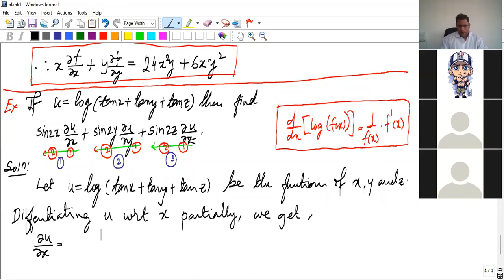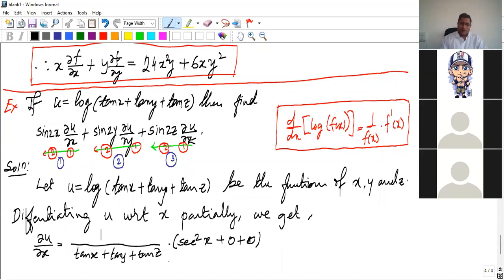This is equal to, here the entire bracket is going to be the function. So we get 1 upon tan x plus tan y plus tan z into the derivative of this term. What is the derivative of tan x? It is going to be sec square x. What will be the derivative of tan y? 0, it is going to be constant because we are differentiating with respect to x.